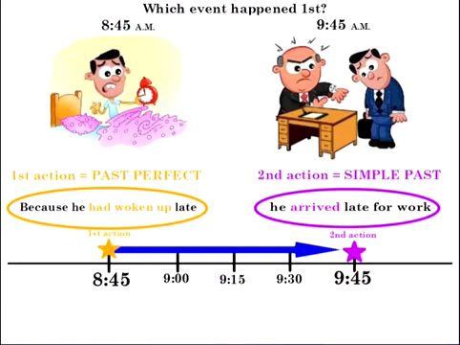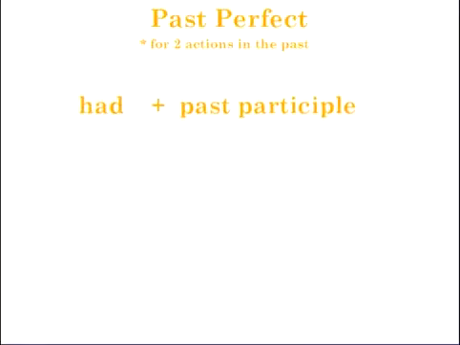But let's examine the grammar of the past perfect a little bit more closely. Let's take a look at the basic formula. It's important to remember that for the past perfect, we're always describing two different actions in the past.